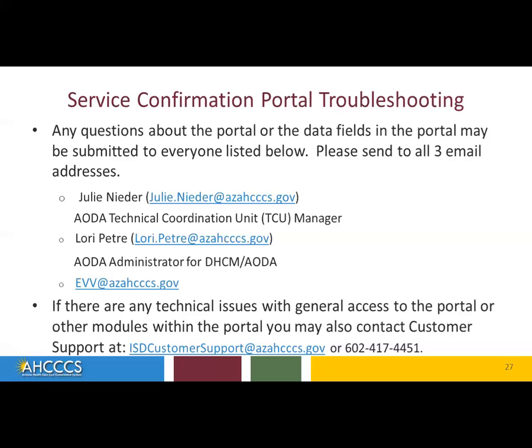If you're having issues with the service confirmation portal itself, so the information and the portal that we reviewed today, we ask that you email Julie, Lori, and evv@azaccess.gov all at the same time, copy all of us, so that we can determine if there is a system issue, or if it's a matter of supporting you, where to point you in the guide.